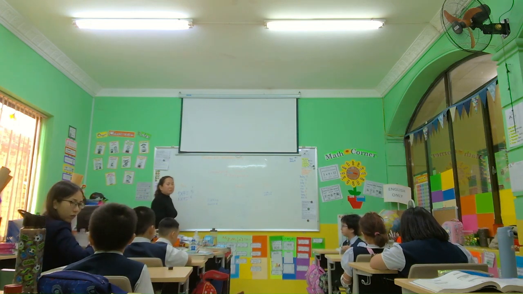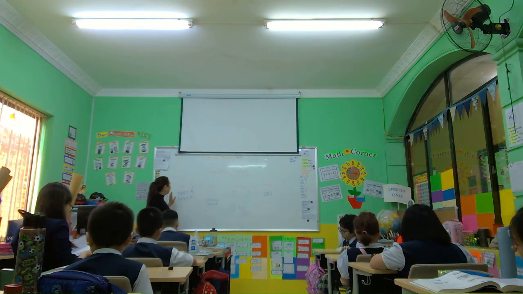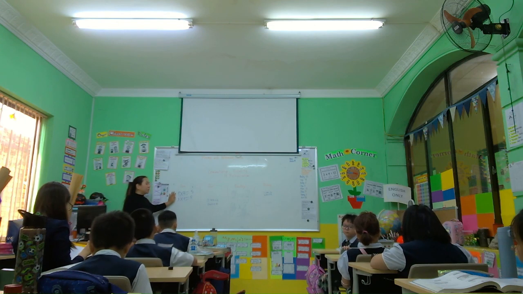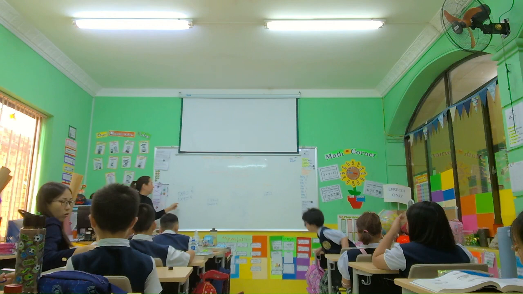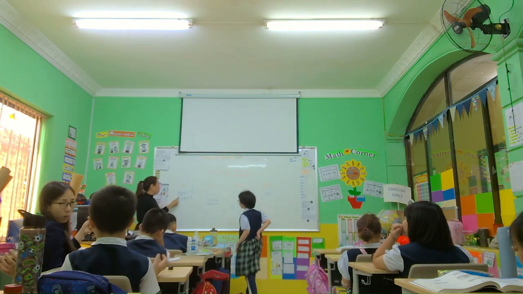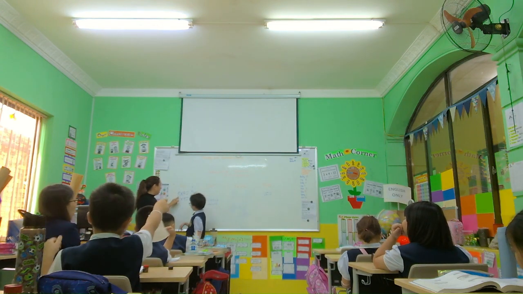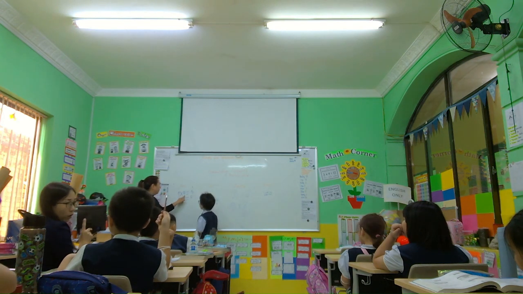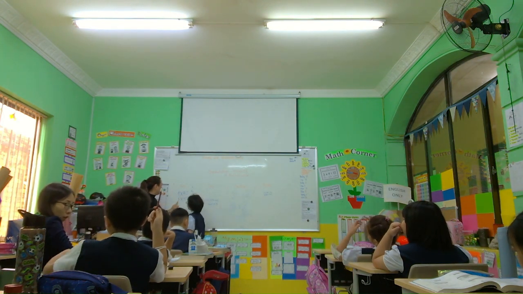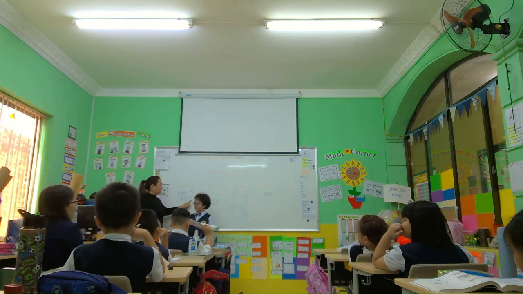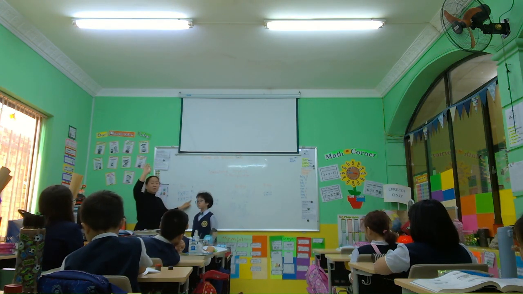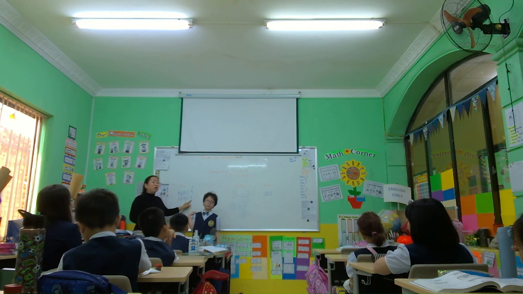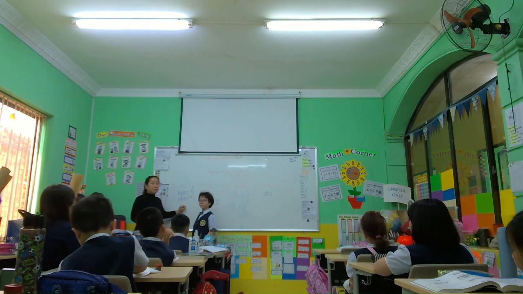Okay, now, in here, Miss Mao is going to start. First, this is the answer of Jinpeng. Jinpeng, can you please read your answer? Stand up, please. Give one example. 1 times... Okay, now, anybody, do you think the answer of Jinpeng is correct? Yes. Okay, why do you think it's correct? Because 1 times 5.